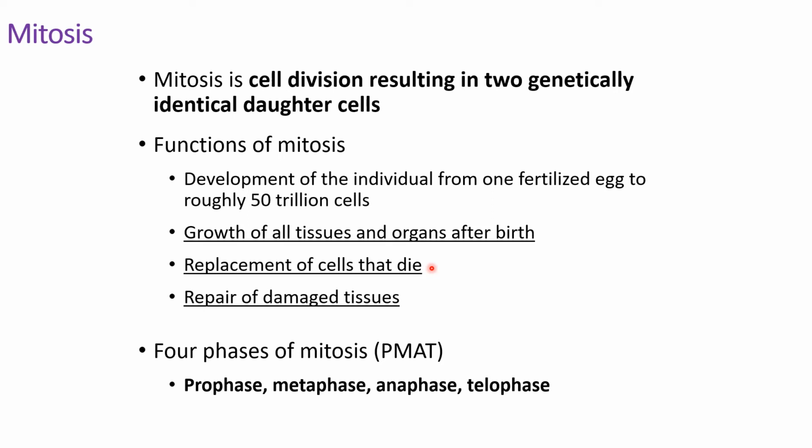This is a normal process, we're continually losing or shedding our skin cells, and that's normal. And so we will have mitosis in the skin occurring all the time to replace those cells that get sloughed off or that are shed.